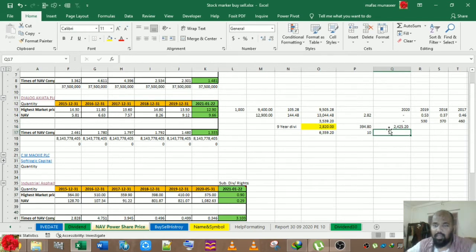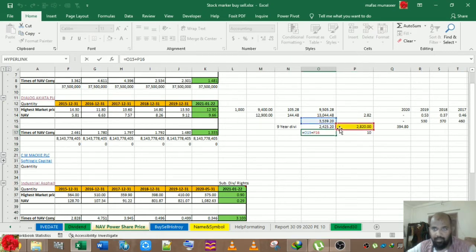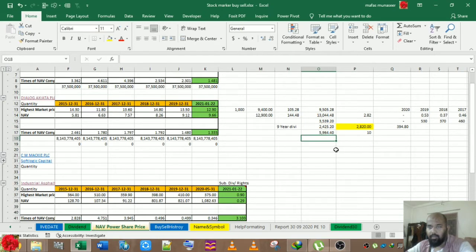2,425 rupees total value. If you divide it, let me assume. Okay, look at that.